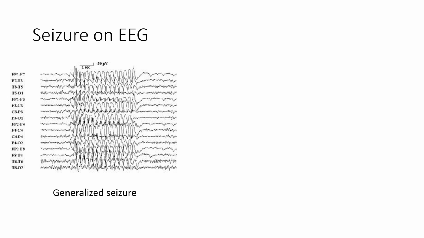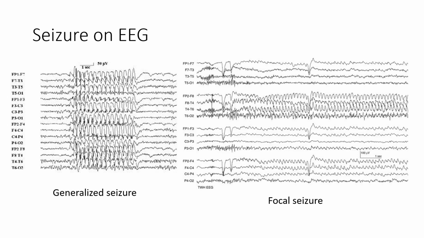What I'm showing you here is a generalized seizure, where you can see onset in the entire brain simultaneously. And what I'm showing you now is a focal seizure, where we can see that in these 4 leads on the right, which end in even numbers, telling us they're right-sided leads, we see this abnormal seizure activity.